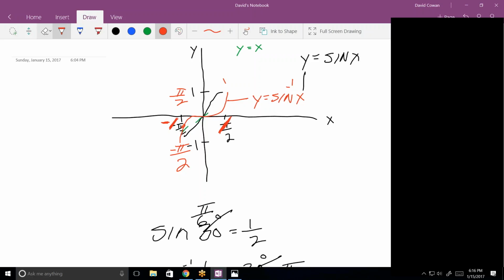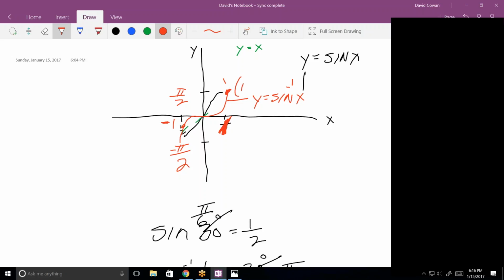So let me erase everything that I should have erased. That 1, that pi over 2 and that pi over 2. So if you go to the x-axis where the point is 1, right there, what's the y-coordinate of that? It's my y-coordinate.